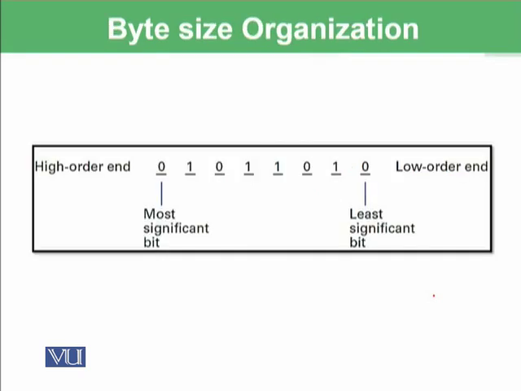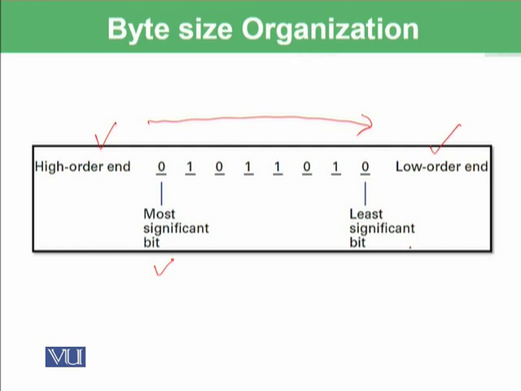If we see the byte organization, we write a byte from left to right. On the left side we say it is the most significant bit or high-order end, and on the right side we say it is the low-order end or least significant bit.